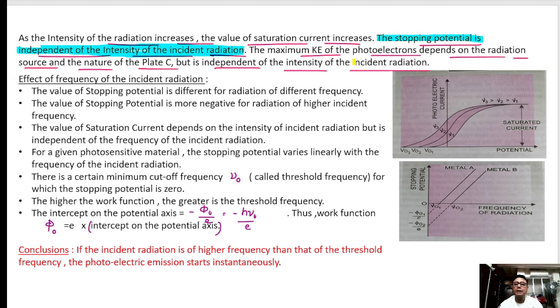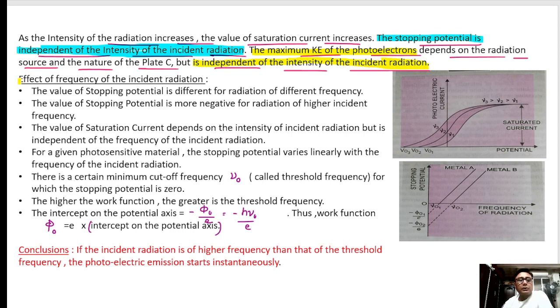The maximum kinetic energy of the photoelectrons is independent of the intensity of the incident radiation. Please remember this. If I increase the intensity of the incident radiation, the maximum kinetic energy will never depend on that. Okay, please remember this, very very important thing.